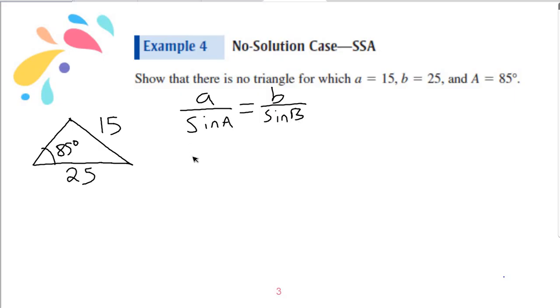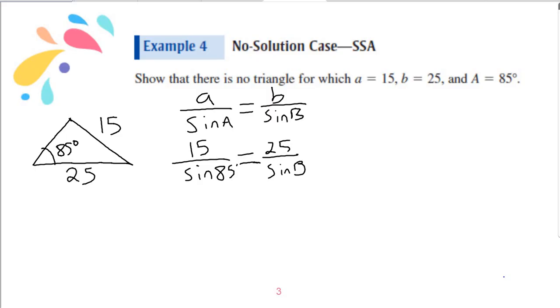Alright, so then we're going to plug in. So I have 15 over sine of 85 equals 25 over sine of big B. Now we're solving for big B. Where is big B currently? In the bottom. Do we want it to be in the bottom?